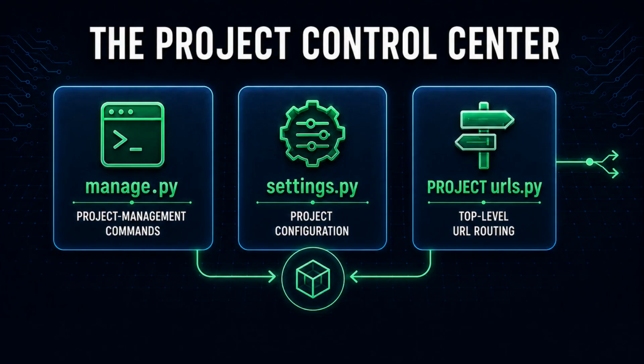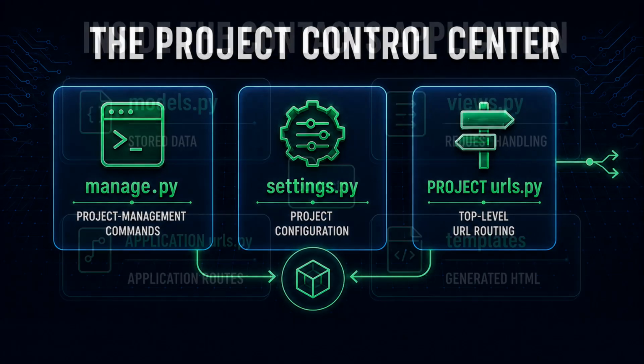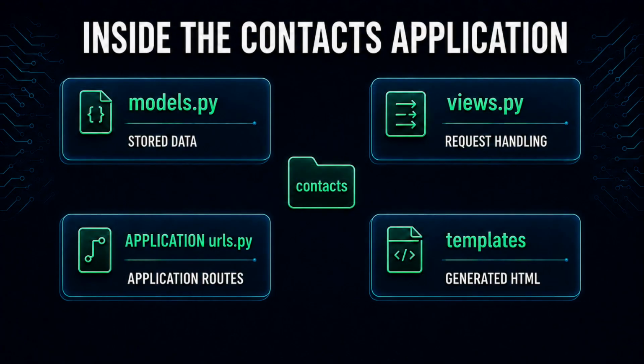We will use it to start the development server, create migrations, apply migrations, and perform several other tasks. The settings.py file contains the project's configuration, while the project-level urls.py provides the top-level URL routing and directs requests toward the appropriate application. Inside our contacts application, models.py describes stored data, and views.py contains the request handling logic.